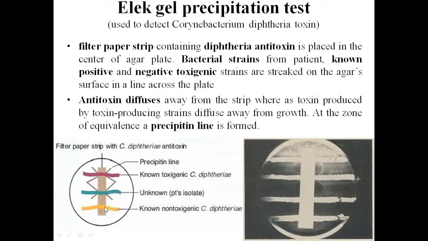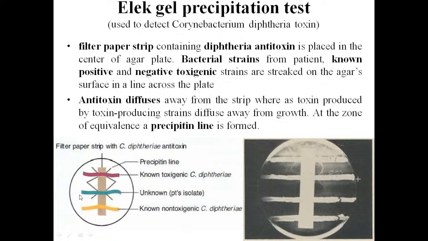Bacterial strains of Corynebacterium diphtheriae from the patient, then a known positive bacterial strain, for example here, and a known negative, non-toxigenic bacterial strain are streaked on the agar surface in a line across the plate, like here, and like here.